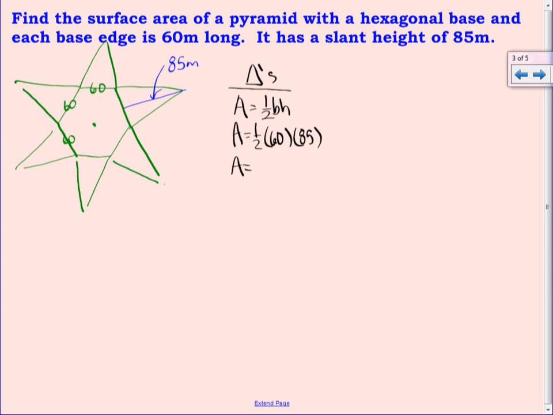What's the area of one triangle? Say that again? 2,550.